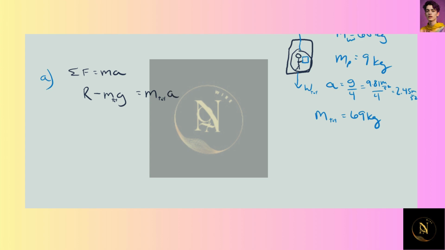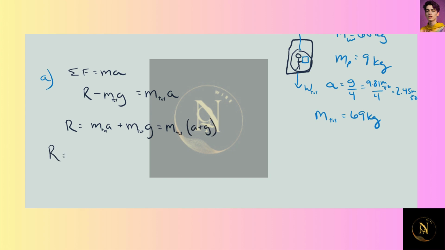And we just want to know what R is, so we can add mg to the other side. So it's going to be m total a plus m total g. We can just pull the mass out, and we have a plus g.